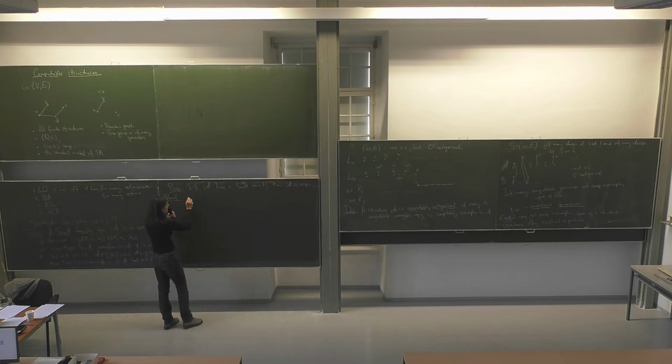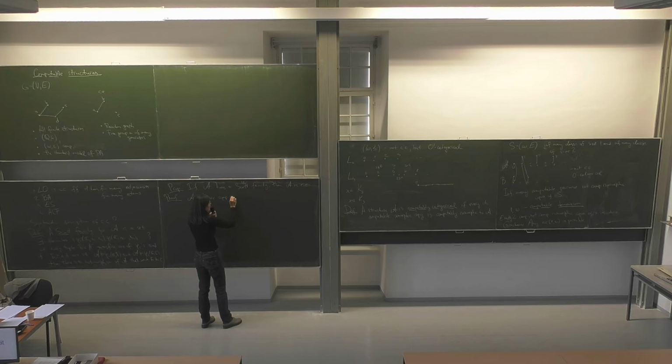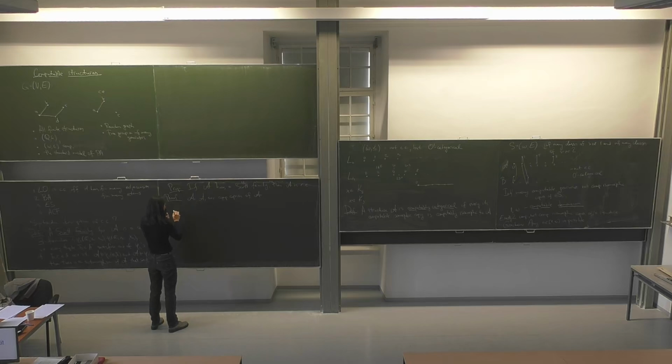And suppose I have two computable copies of A, A1 and A2. We build a computable isomorphism between A1 and A2. So we build it stage by stage.